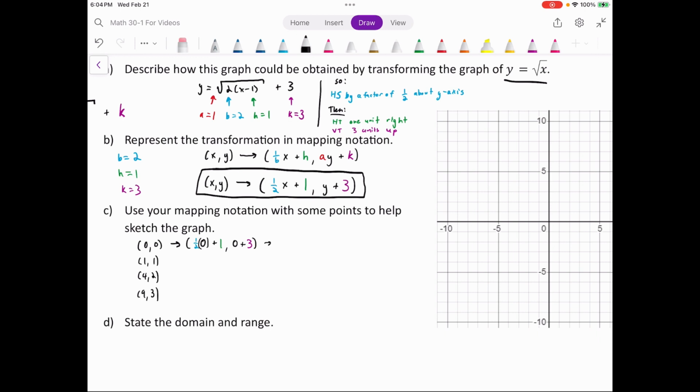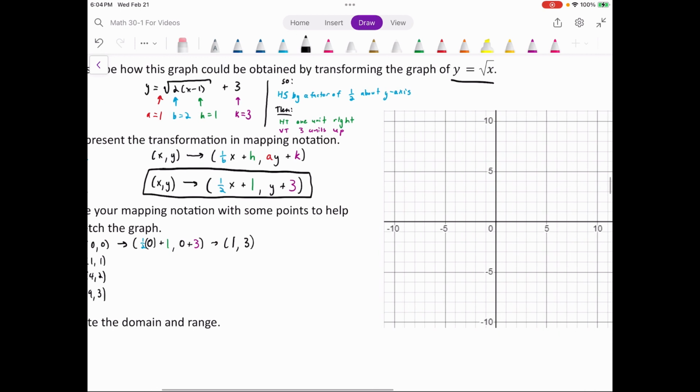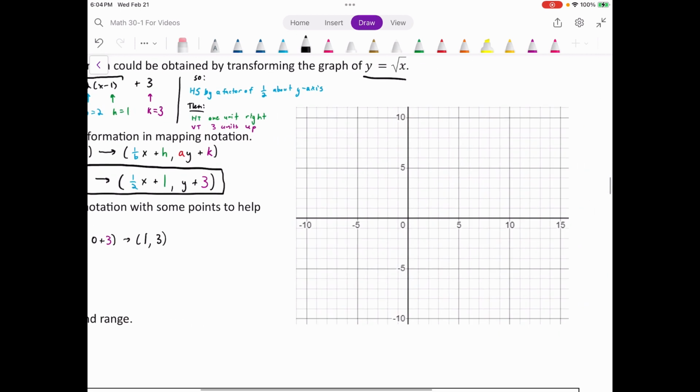So in other words, half of 0 is 0, plus 1 is 1. So the new point will be at 1, and then 0 plus 3 is 3. So there's a point on our new graph. The point that was at 0, 0 will now be at 1, 3. So let me add that point. 1, 3.